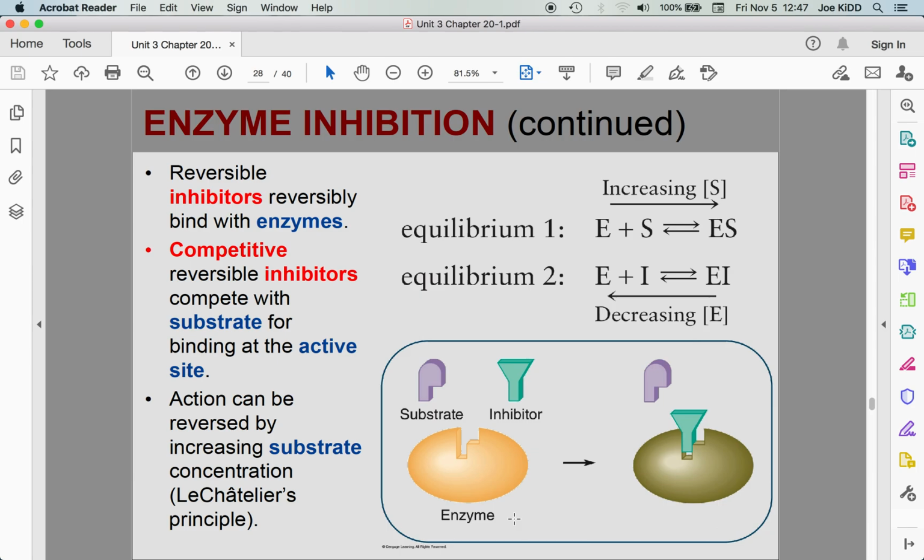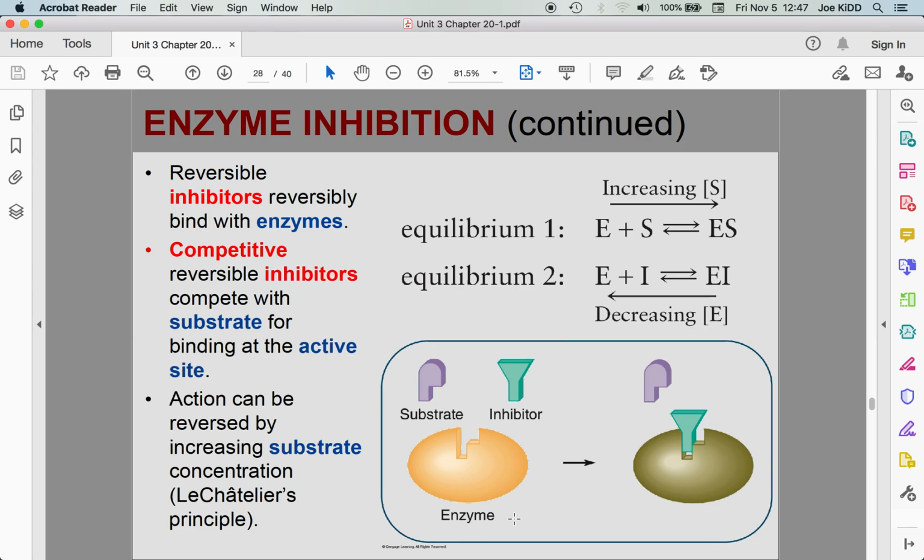So there are also reversible inhibitors. Irreversible inhibitors, or suicide inhibitors, we often associate with something bad, or something good if it's a therapeutic, like an irreversible inhibitor on a bacterium. Reversible inhibitors are actually one of the ways that our body helps regulate enzymes.